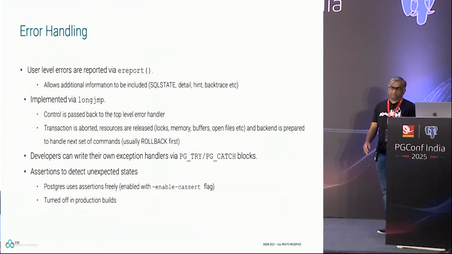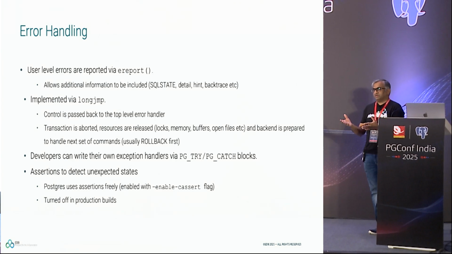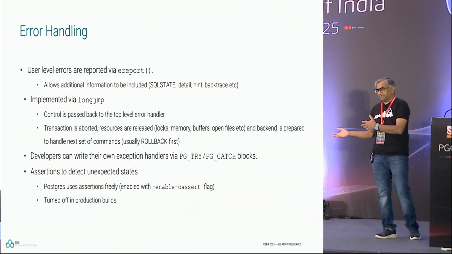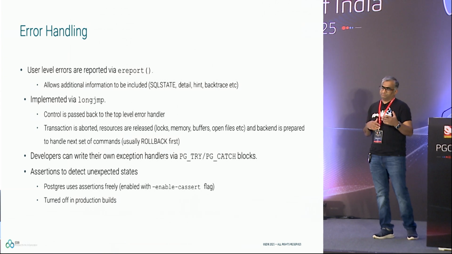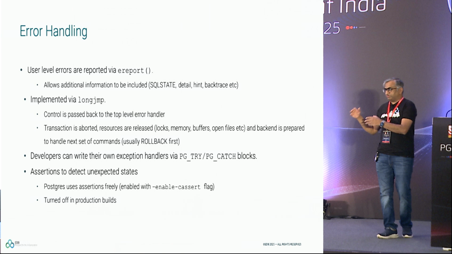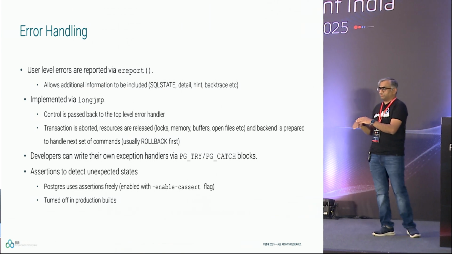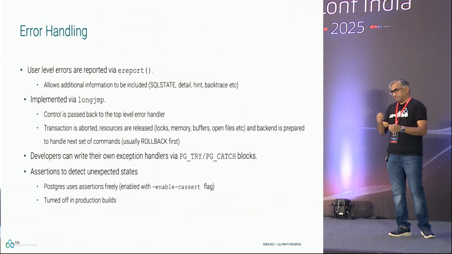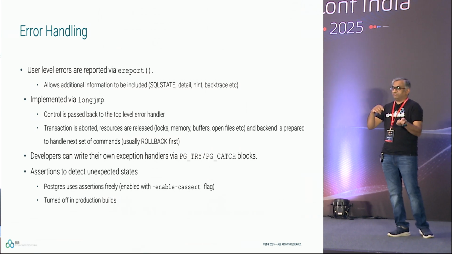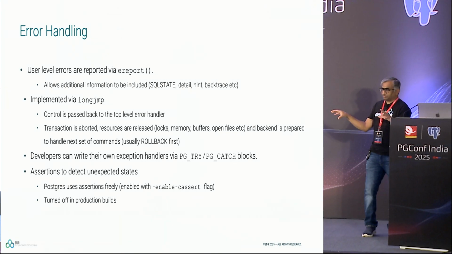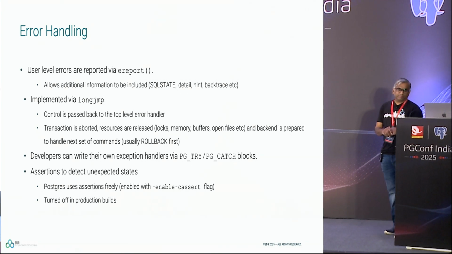Error handling: as a developer, if you are writing new code and you want to handle exceptions, one way is to put nice ereport messages where the client can see what the error is. You also might want to give hints and things like that. Postgres supports all of that, and they are nicely displayed in your console.